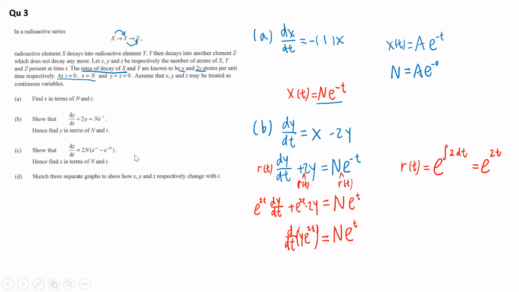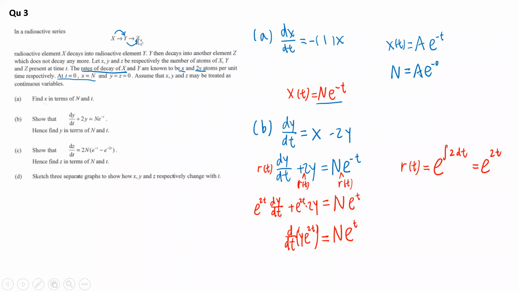We don't have time to finish all of parts C and D here, but you can see that part C is asking you to find dz/dt. How do you get dz/dt?